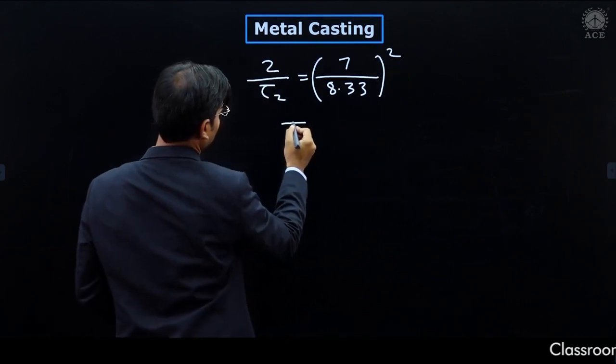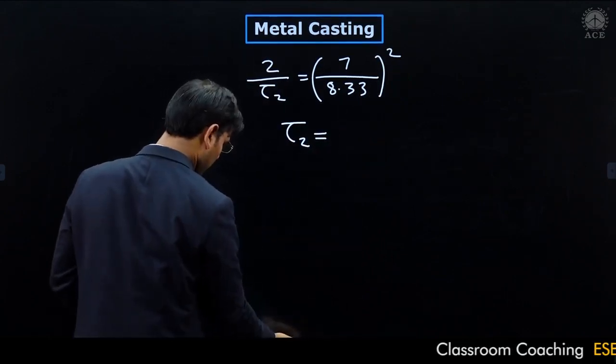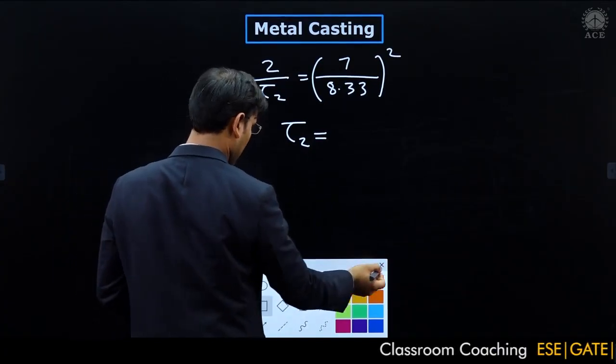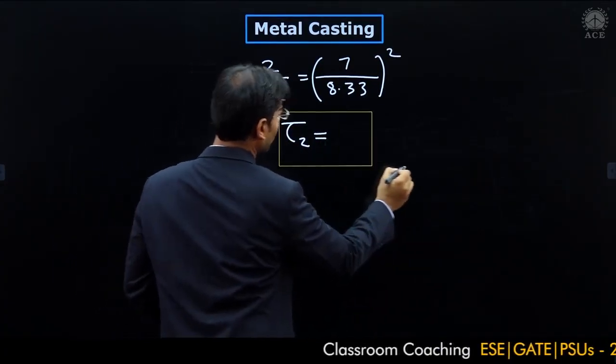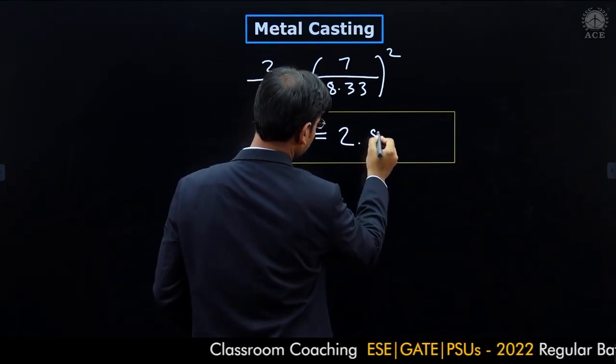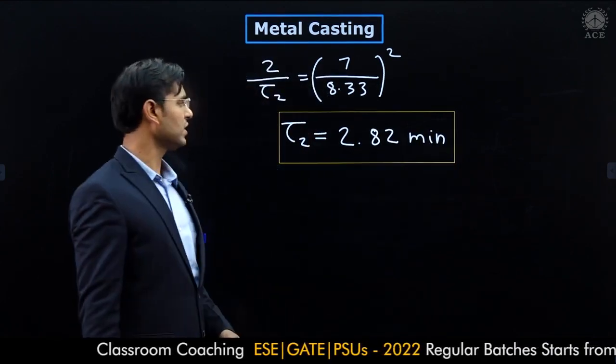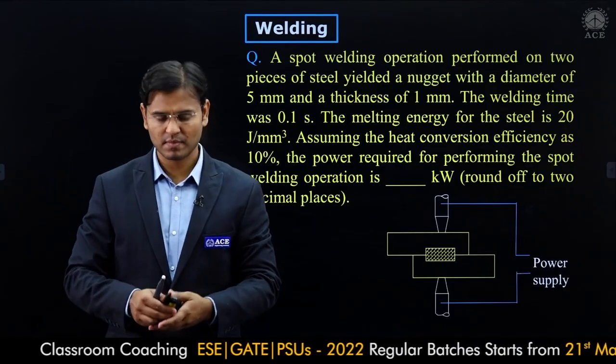From that we are getting the value of tau 2 in minutes. Just calculate that, you will get the value of tau 2: 2.82 minutes.